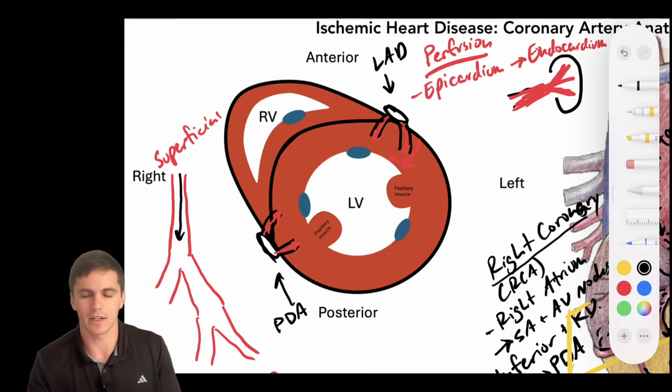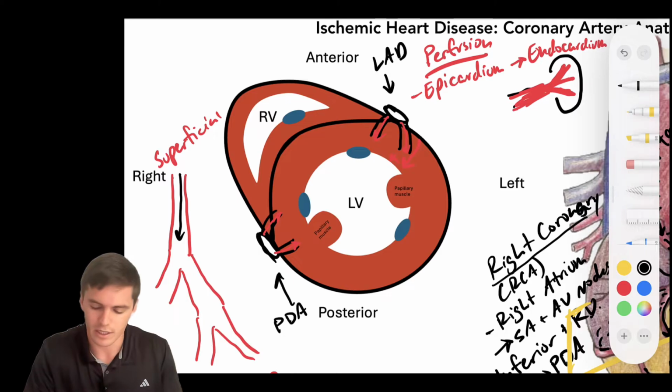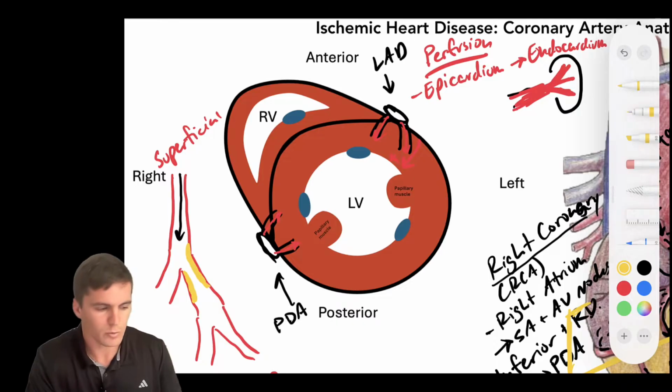Somebody has chronic high blood sugar and chronic high cholesterol, and you end up getting these collections. It's a chronic inflammatory condition called atherosclerosis, and the lumen of that vessel starts to narrow.